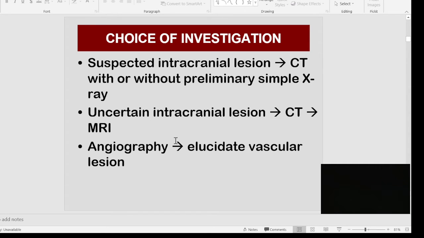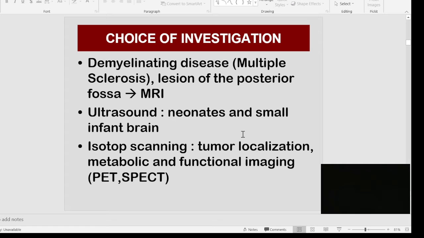If you suspect that the blood vessels or blood flow is affected, for example stroke, then you could use angiography, whether CT scan or MRI. But if you have a demyelinating disease such as MS, GBS, Parkinson's, Alzheimer's, then it is better to use MRI than CT scan.